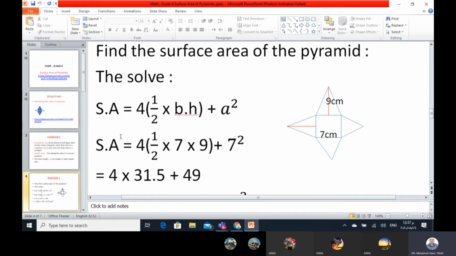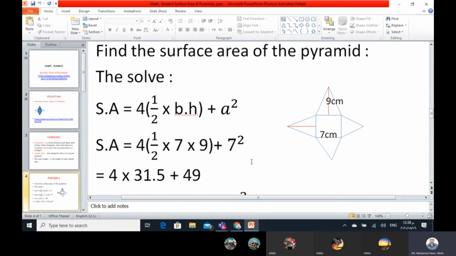Now substitute, put the values. Here we have 4. Here we have 1/2. And the value of B, the base, as you see, is 7. And the value of the height is 9. And the side of the square is 7. So A squared means here we have 7 squared.